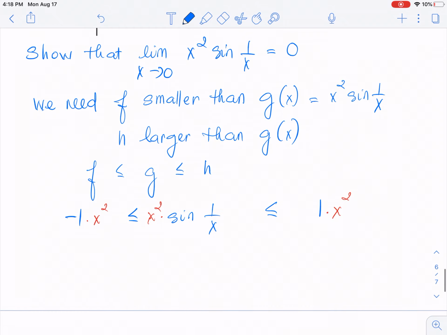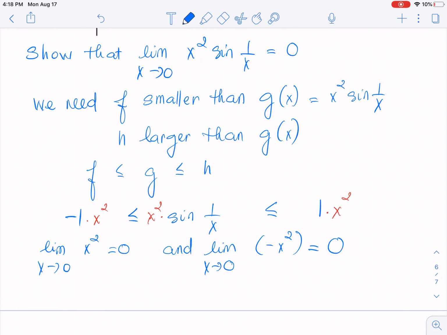Now, we also know that the limit of x squared as x approaches 0 is going to be 0. And we know the limit of -x squared as x approaches 0 is still 0.